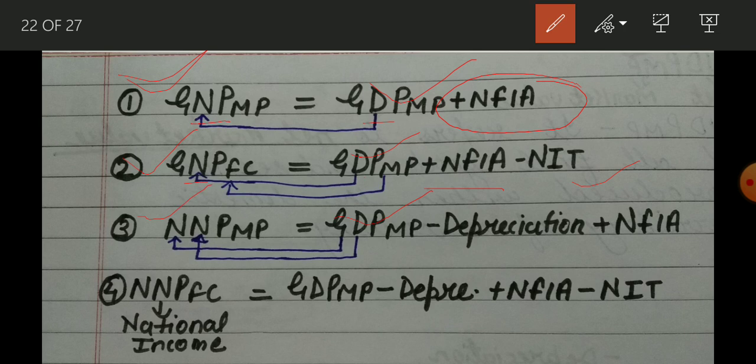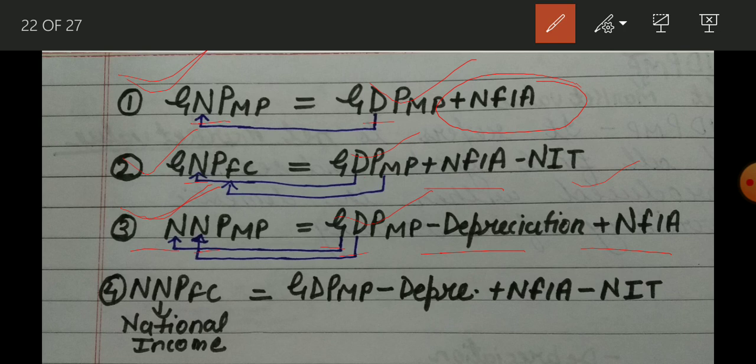So here gross is given, you have to find net. Net means minus depreciation. When we are moving from gross to net, we have to subtract depreciation. Now we are moving from domestic to national, so we have to add NFIA. In this way, we are able to calculate NNP MP. Okay.